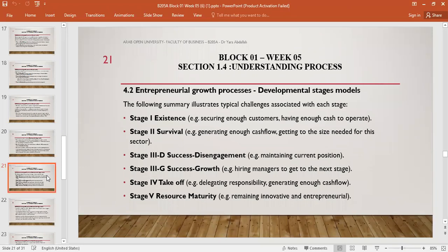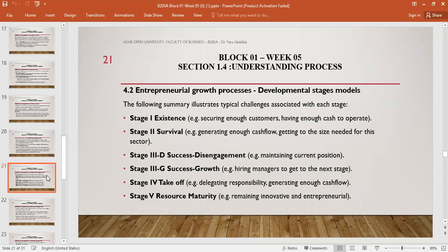Stage number five is resource maturity, which means what? Which means that the business should be innovative and entrepreneurial for a long term. And how can I do this? This is a challenge. How can I be innovative for a long period? How can I come up with continuous new ideas?